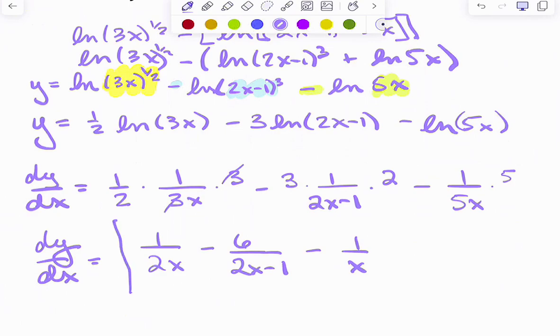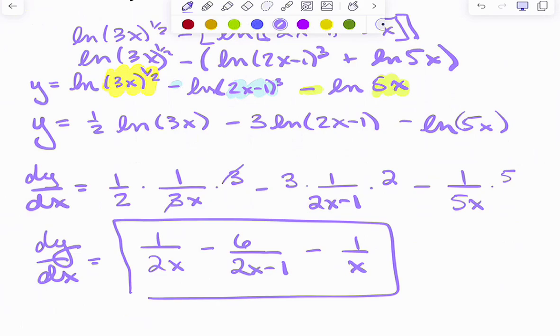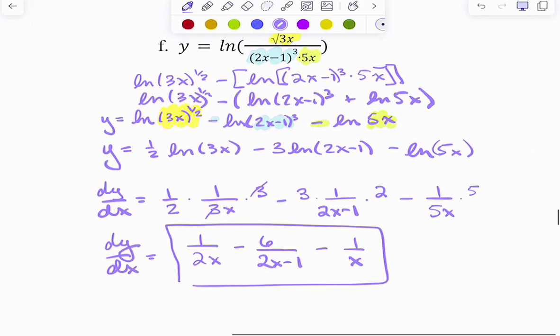We don't have to combine all this stuff unless it's a multiple choice test and I have to figure out because I can see that they're all combined. The properties of logs will save you. That was an awful derivative to do using natural log chain. Not so bad once we spread it all out and expanded our log.